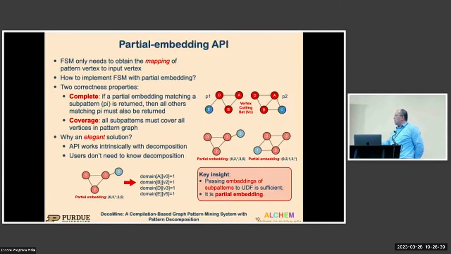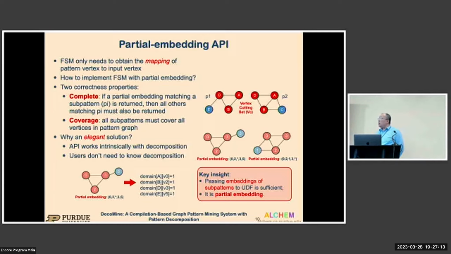For example, the system can return this partial embedding, and if it does not match a vertex in the whole pattern graph, that vertex is indicated as a star. We found that this interface is sufficient as long as it satisfies two conditions. The first one is completeness, which means the system should correctly return all the embeddings matching the subpattern. The second one is coverage, which means all the subpatterns should cover all the vertices in the pattern.